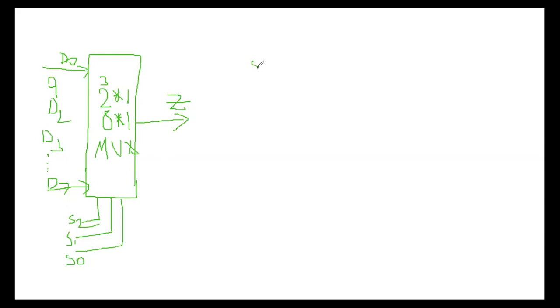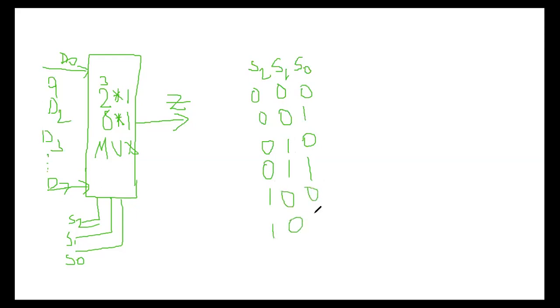Now the truth table: S2, S1 and S0, a 3-bit binary: 0 0 0, 0 0 1, 0 1 0, 0 1 1, 1 0 0, 1 0 1, 1 1 0 and 1 1 1. Because we have 3 selection lines, what is output Z?